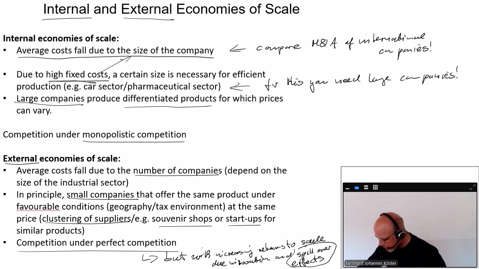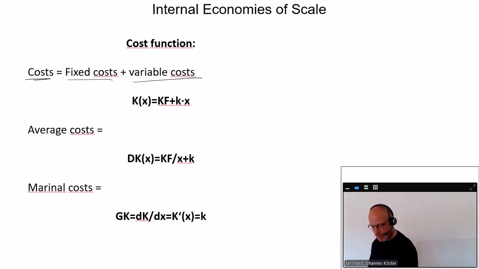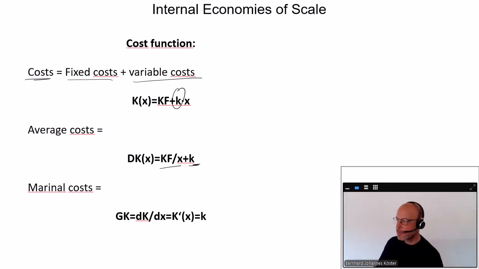Okay, 10 minutes left. So then we are going back after all these qualitative explanations. You know me, we have to calculate a little bit. So this is just a recapitulation. Costs we divide into fixed cost and variable costs. Then of course average cost is fixed cost over quantity plus variable cost, and here we assume just a linear cost function.